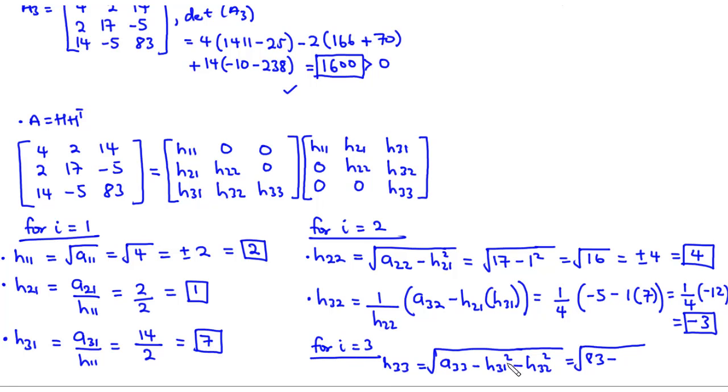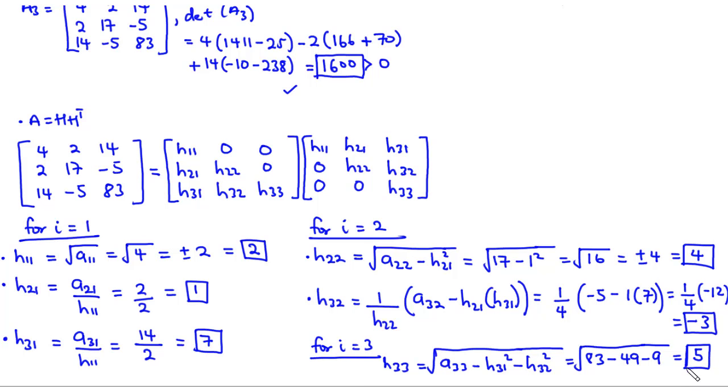H31 is 7, so 7 squared becomes 49, so minus 49, and then minus H32, that is negative 3, squared, which is 9, so minus 9. Then 83 minus 49 minus 9 is simply 25. So we have the square root of 25, and because we want the positive value to fill the principal diagonal entry, we are going to have a positive 5 here.